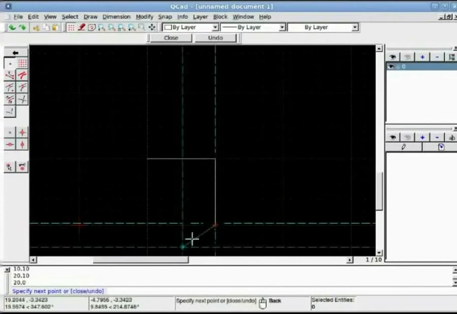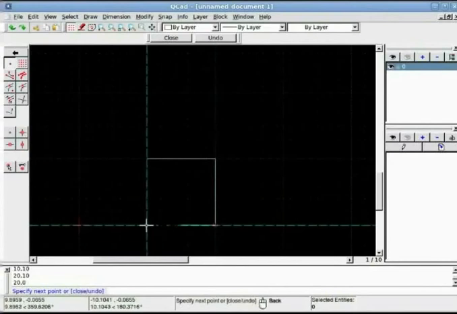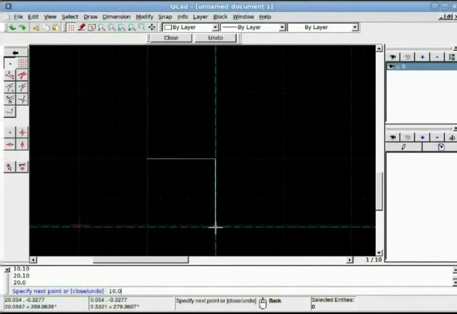Now again to go horizontal in 9 o'clock direction, for the next point I will put 10, 0. Here y-axis won't change and x-axis will be minus 10 in relation to the previously drawn point.